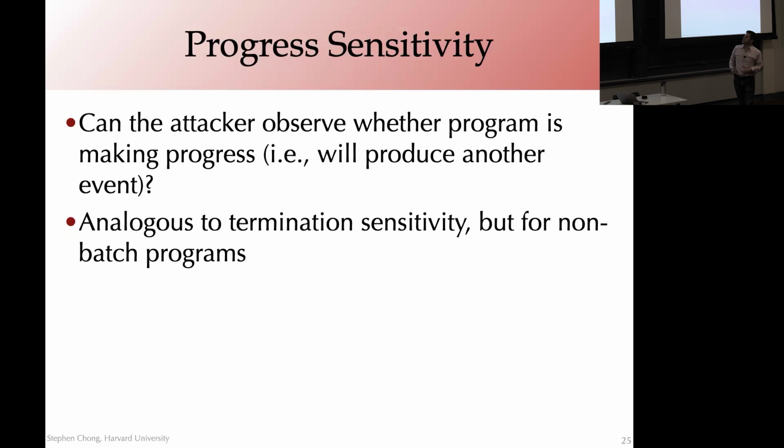There is a notion analogous to termination sensitivity known as progress sensitivity: has the computation diverged, or is it going to make progress? I'm not going to put the definition up there. As we have more realistic and more interesting threat models, we end up with more complex definitions. So I'm not going to take the time to put all the background up there, but the intuition is that it generalizes termination sensitivity to progress sensitivity.